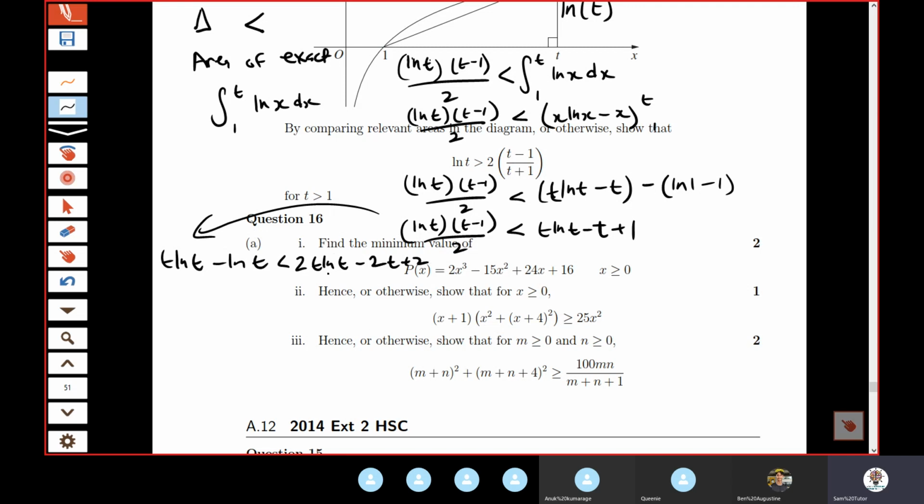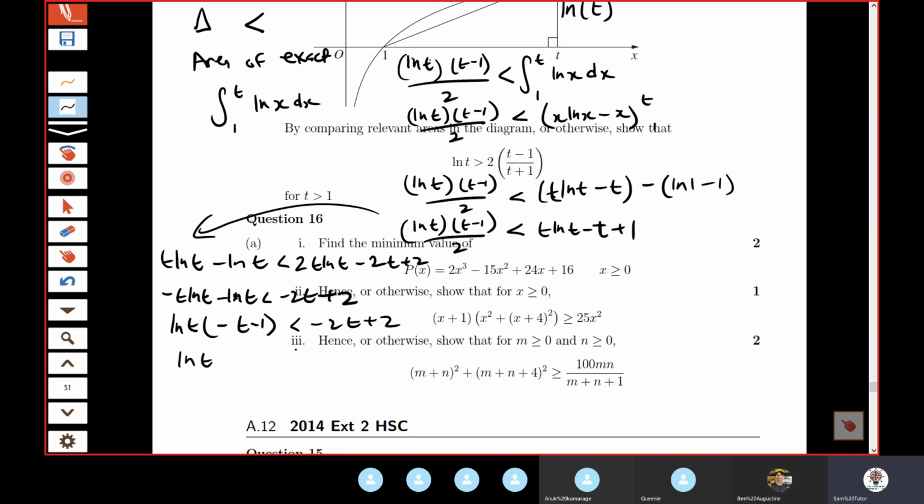Bring the 2t log t to the left-hand side. T log t minus 2t log t gives you negative t log t. 1 minus 2 is minus 1, minus log t less than negative 2t plus 2. Factorize your log t out. You got negative (t minus 1) less than negative 2t plus 2.